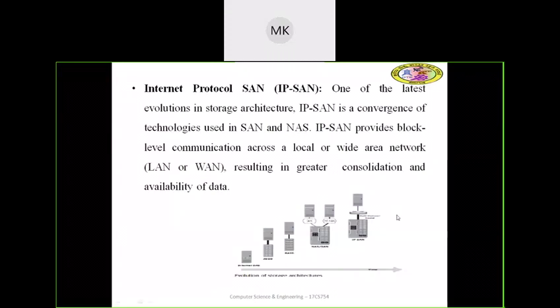This is how it goes from the basic DAS to the RAID level, then NAS, SAN, then IP-SAN. This is the evolution in storage architecture.